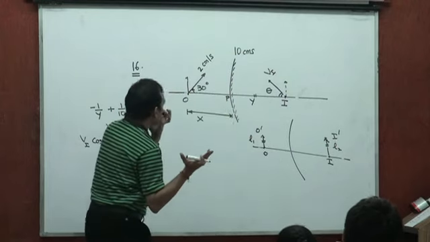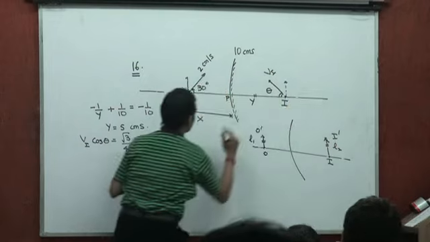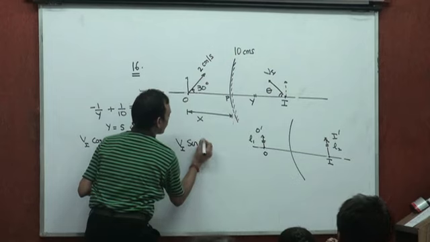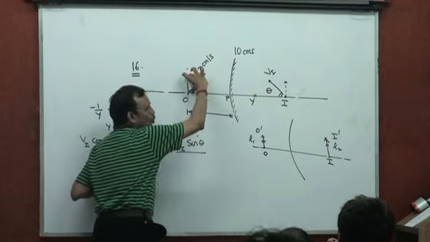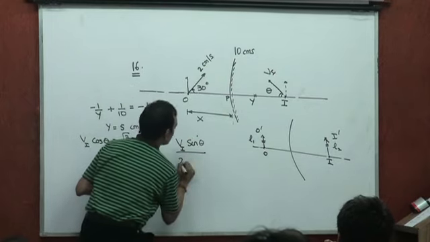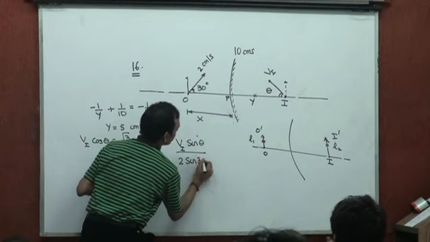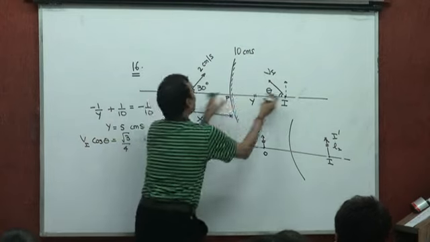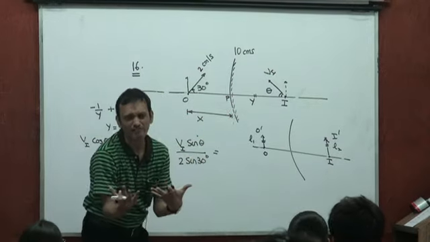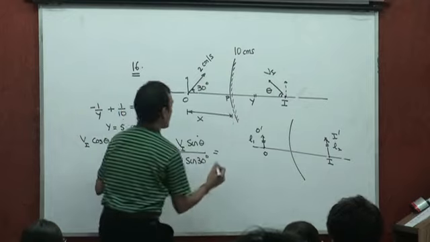So then can I not say that Vi sin theta divided by 2 cos 30 degrees divided by 2 sin 30 degrees is y divided by x, the magnification, but y by x had turned out to be half. Y was 5 and x was 10, half.